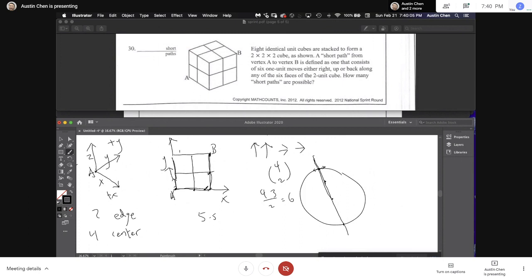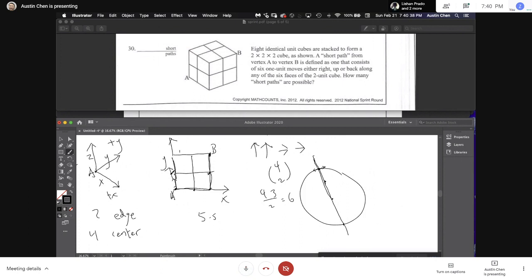Wait, why aren't the double vertices going to be repeated?